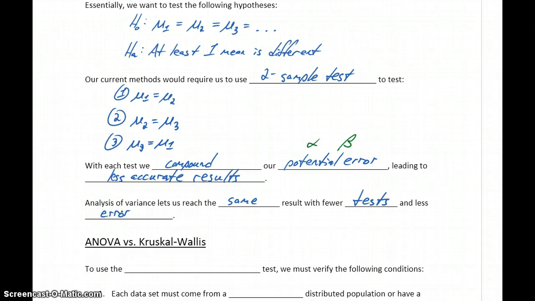So all of inferential statistics is trying to draw conclusions about our populations based off sample data. We always know there's going to be error. So we want to do everything that we can to minimize the amount of error that occurs, and this will be another technique to do that. When we have multiple samples to consider, this gives us a way with a single test to draw some conclusions about all of those different populations at once.